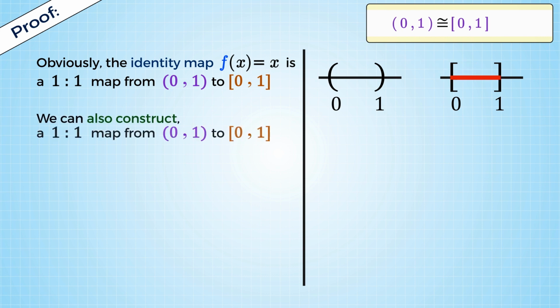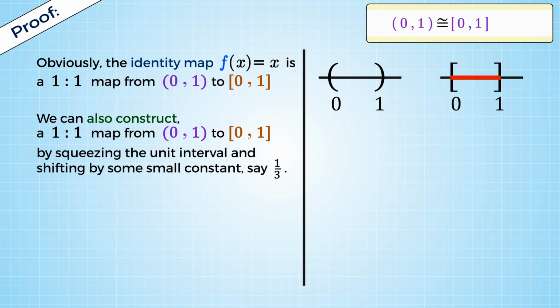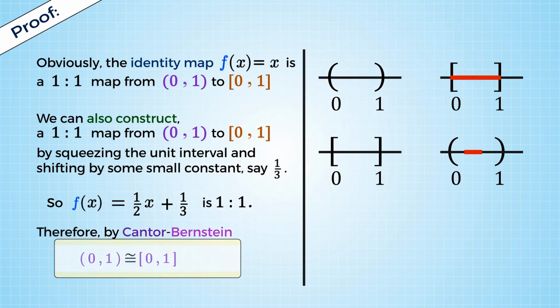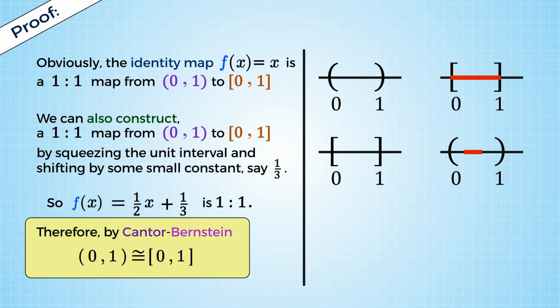We can also construct a one-to-one map from [0, 1] to (0, 1) by squeezing the unit interval and shifting by some small constant, say 1/3. So f(x) equals 1/2 x plus 1/3 is a one-to-one map. Therefore, by Cantor-Bernstein, (0, 1) is equinumerous to [0, 1].